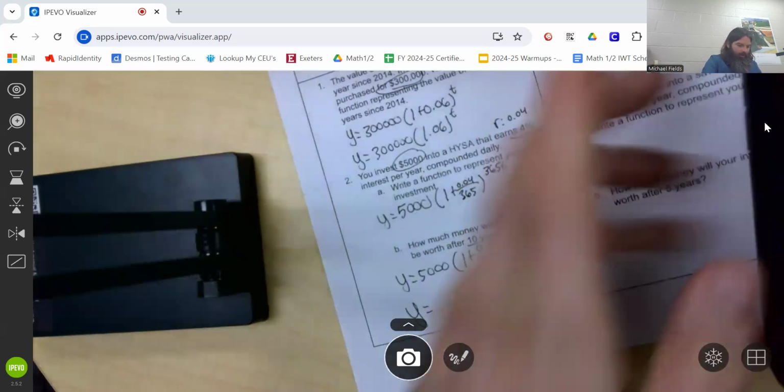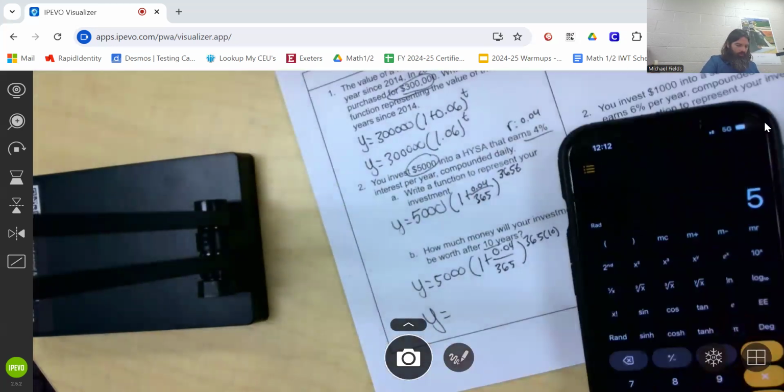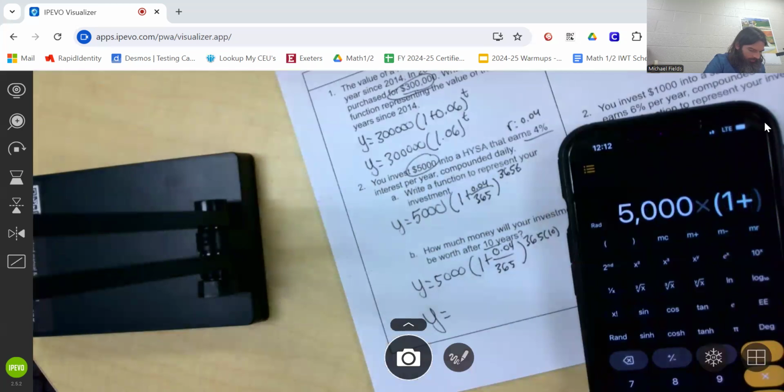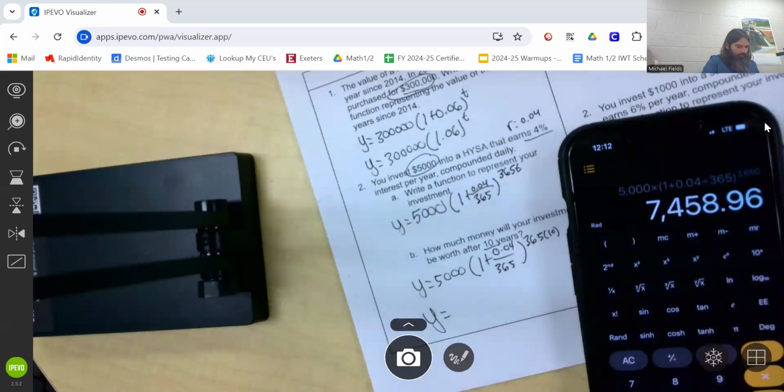So I have 5,000 times 1 plus 0.04 divided by 365. Close those parentheses and then raise it to the 365 times 10, which would be 3,650th power.